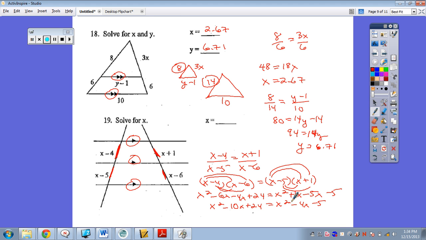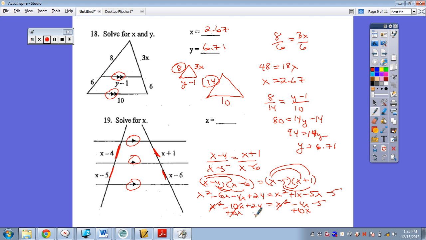I'm now going to get everything to one side so that I set it equal to 0. If I subtract x squared from both sides, the x squared is going to go away. I am going to add 10x to this side, add 10x to this side.